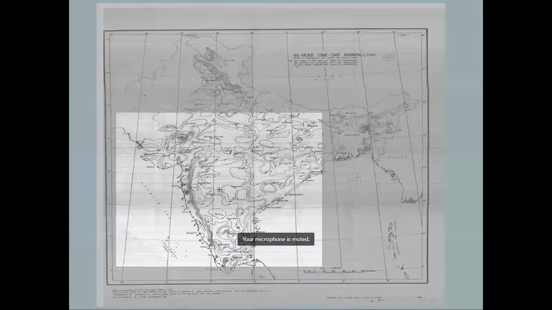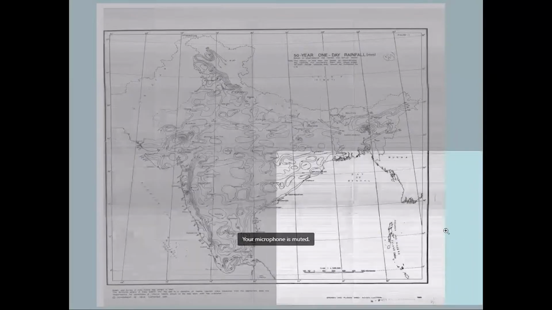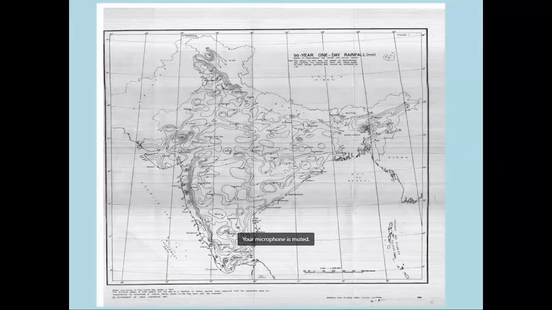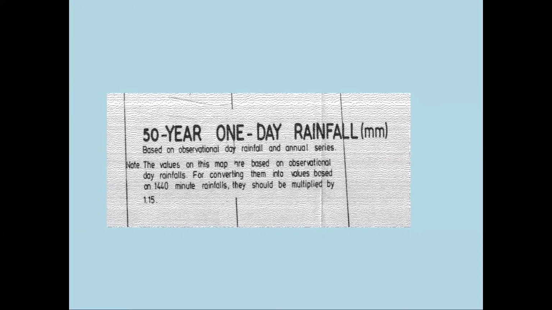No, this will not be visible. So in the next slide you will find it. There is nothing. So in this rainfall data, you will find that the value which has been given on those isopluvial lines has to be multiplied by 1.15 to get 24 hours rainfall.